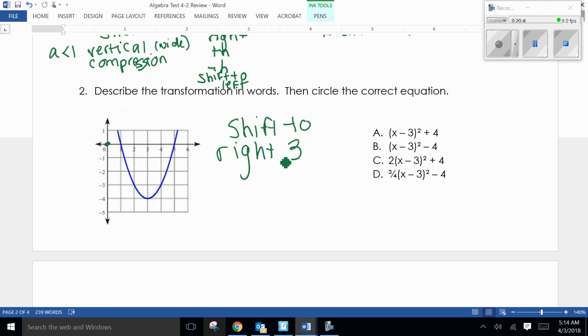And I can see that it went down 1, 2, 3, 4 times.